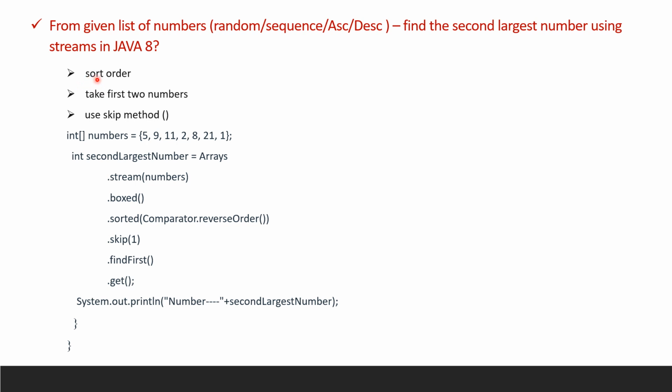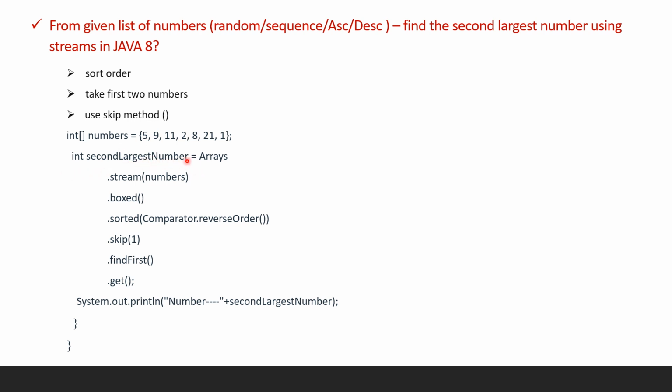First we are going to sort in order, take the first two numbers by comparing, and use the skip method. For example, if the input is this, it is not ascending and not descending either. It is some random numbers I have taken as an example.